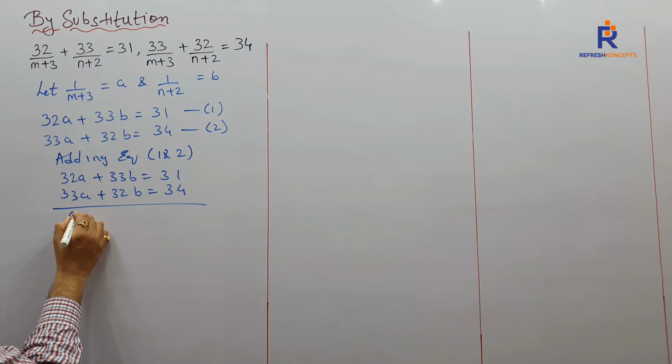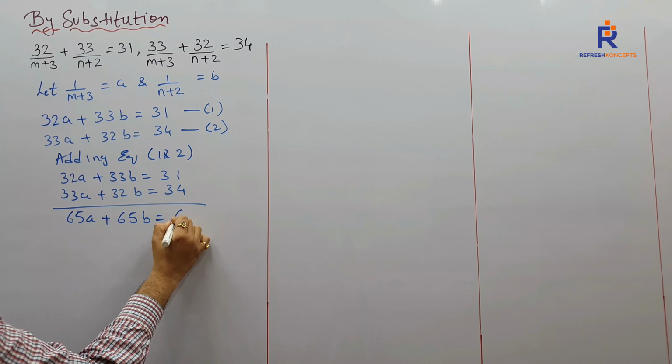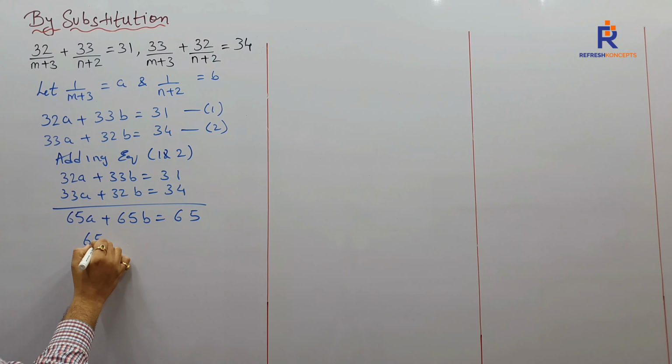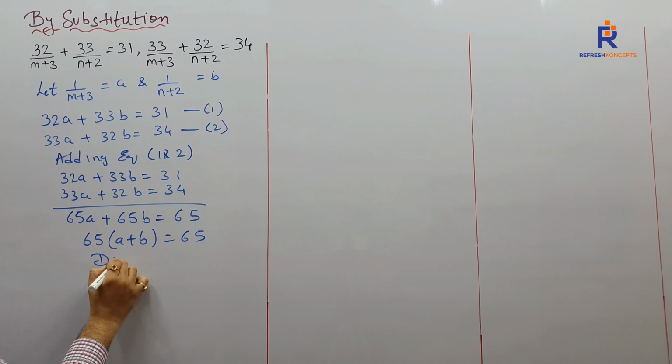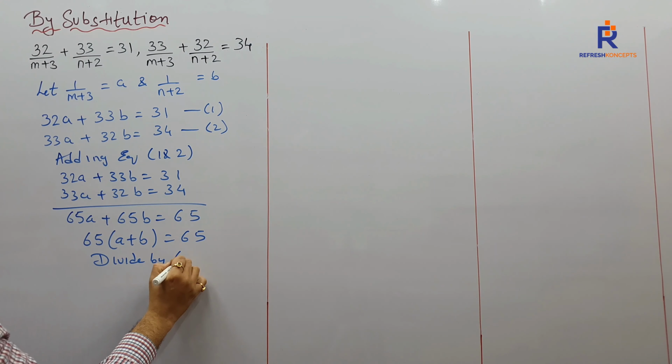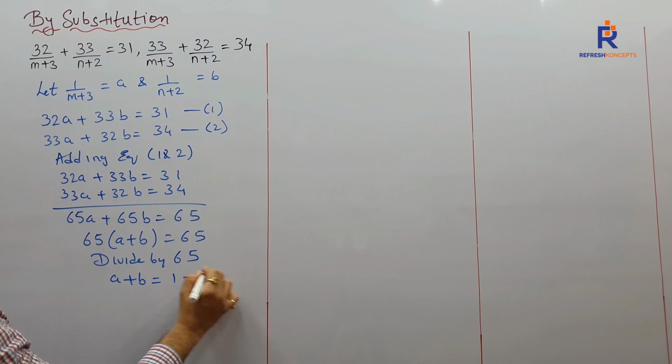32 plus 33 is 65a, 65b, 65 common, divide by 65: a plus b is equal to 1, equation number 3.